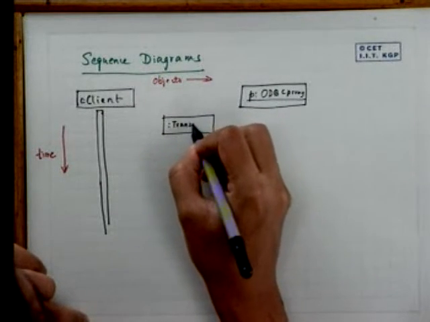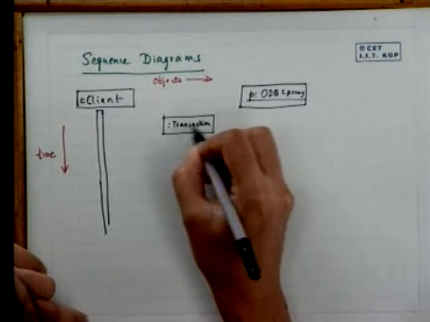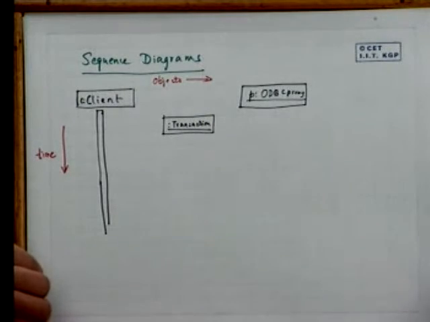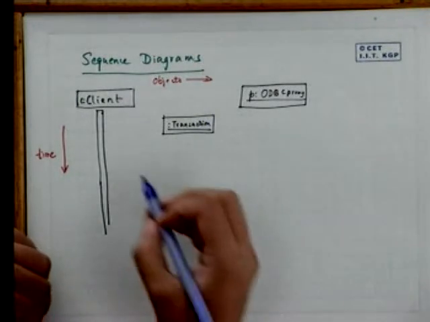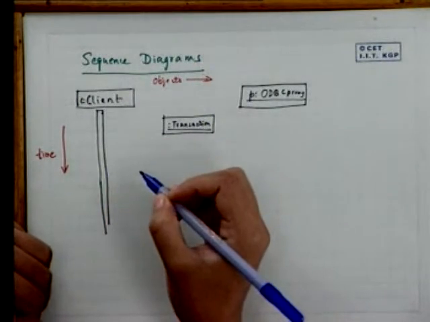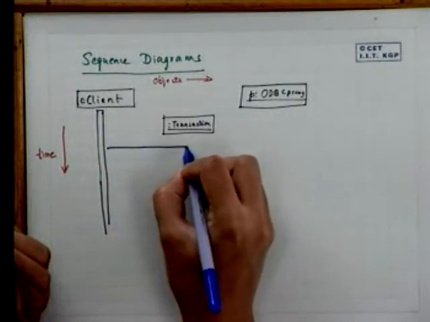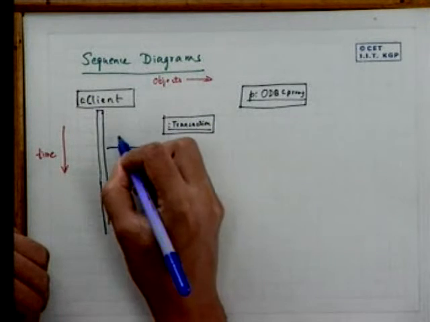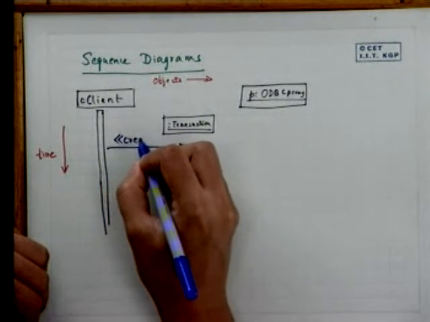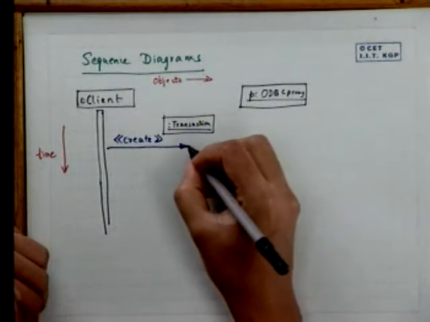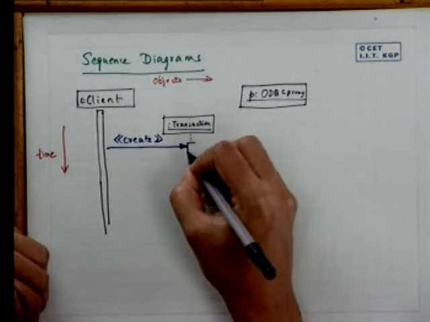So we have an instance of the transaction object. So let us say this is an anonymous object. And this transaction object is created by the client sending a message create to the transaction object. And it is then that the transaction object starts.